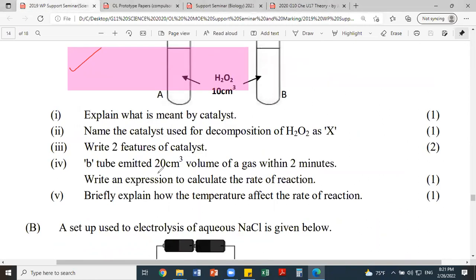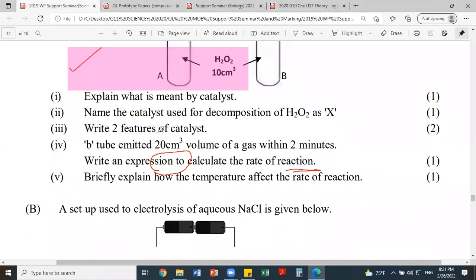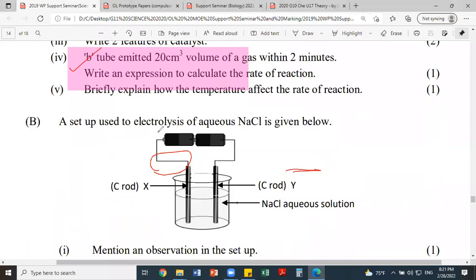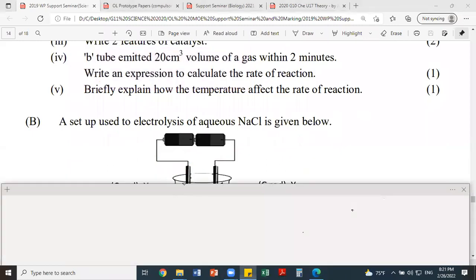20 cubic centimeters in 2 minutes. They have given the amount of products formed over time taken.